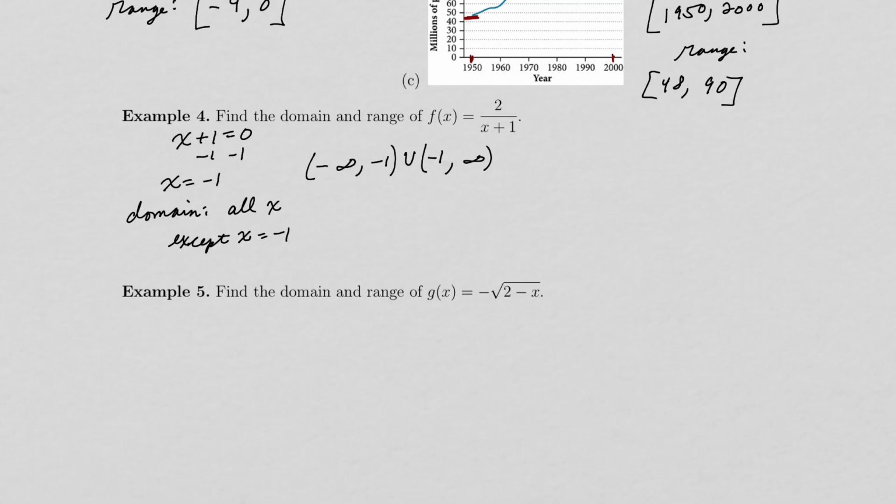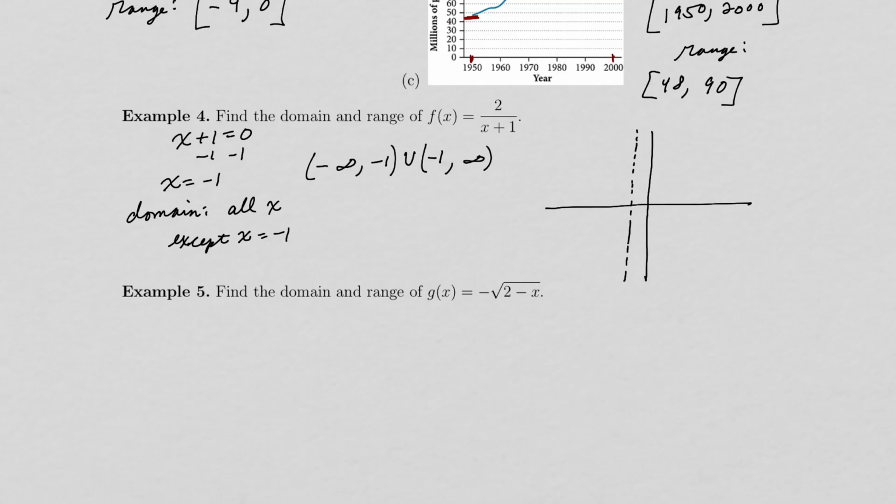So one way of doing this is to do a graph. I would recommend going onto Desmos and graphing this, and it's going to look something like this. That dashed vertical line is going to be at -1.